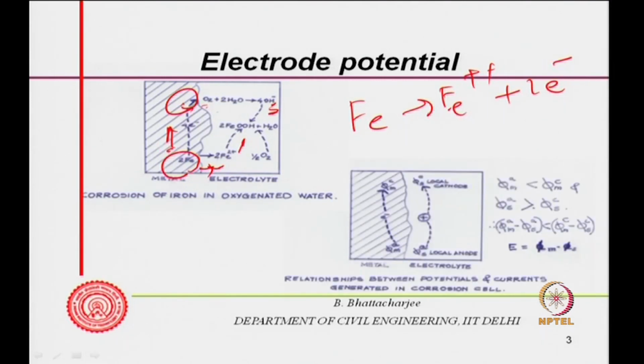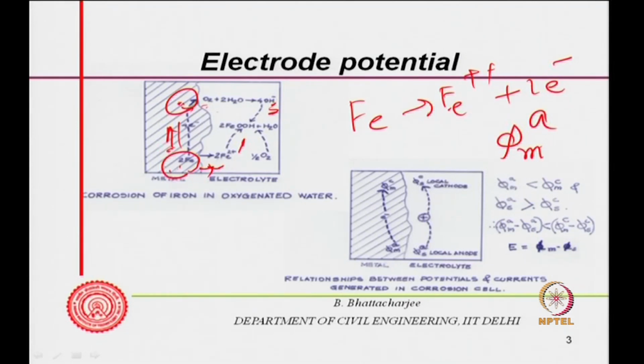Now, we talked about a double layer, with a potential at the metal and a potential at the electrolyte. There are two potentials. Let us denote them by phi. So, phi m a is the potential in the metal at the anode, and phi m a must be less than phi m c.